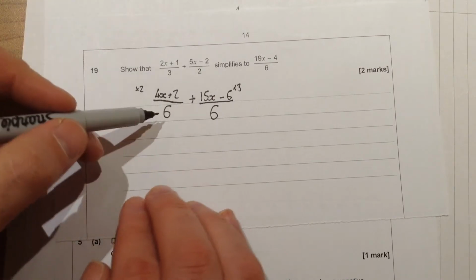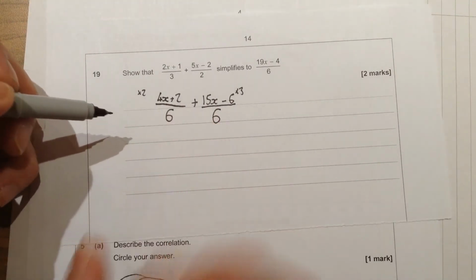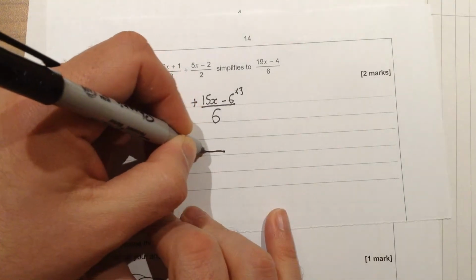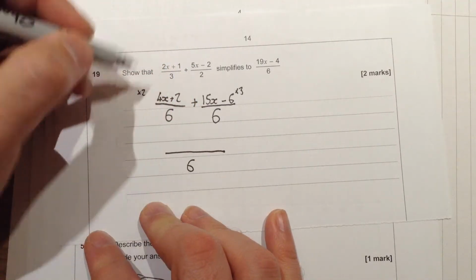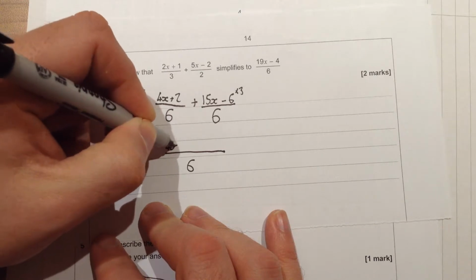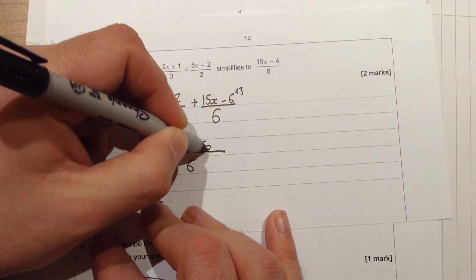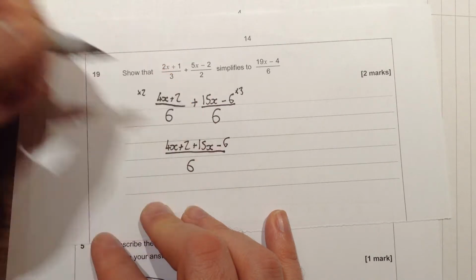At that point, all we need to do, because the numbers at the bottom of the fractions are now the same, is just add the two fractions together. So we're basically adding 4x plus 2 and 15x minus 6.